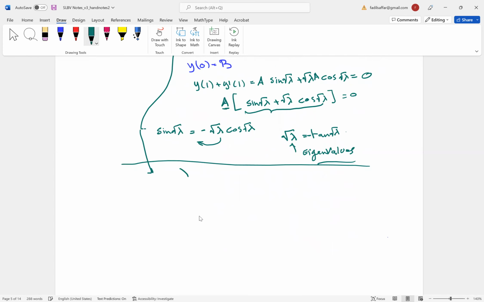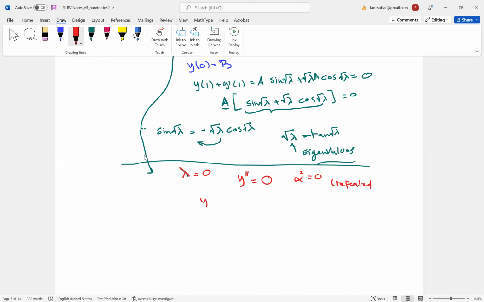If lambda happens to be 0, then our differential equation becomes y double prime equal to 0. From what we learned before, if we use the eigen equation, that's alpha squared equal to 0, and we have two repeated solutions equal to 0.